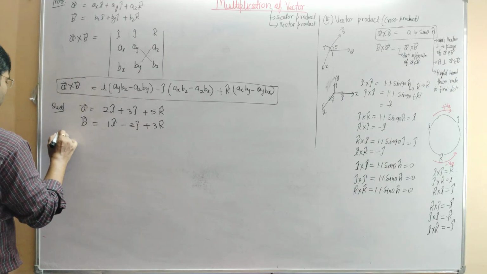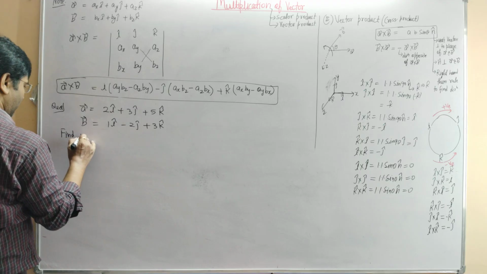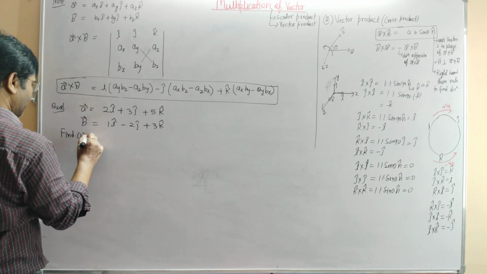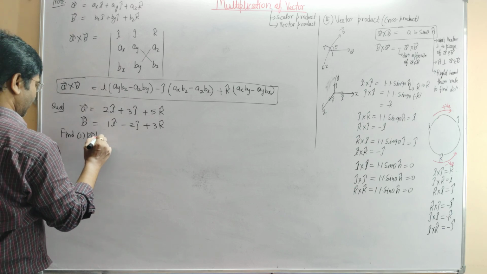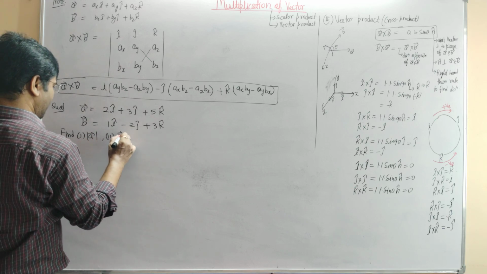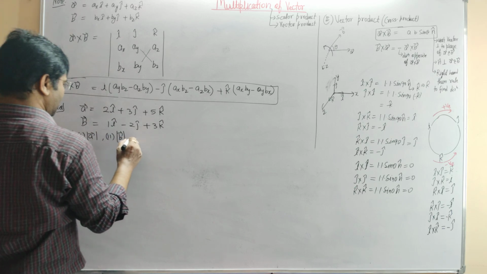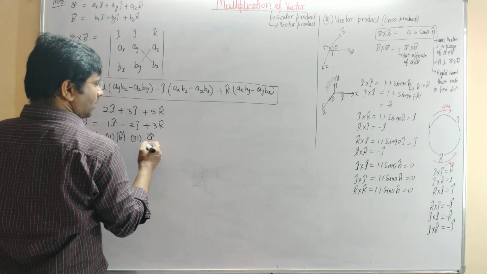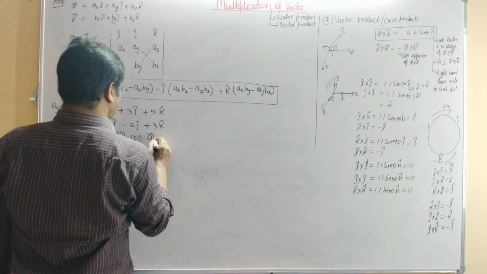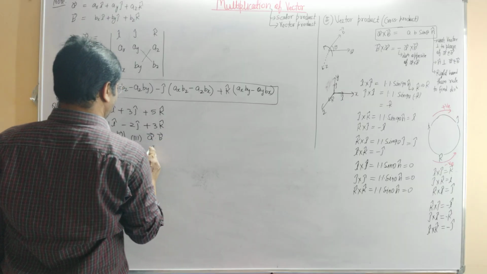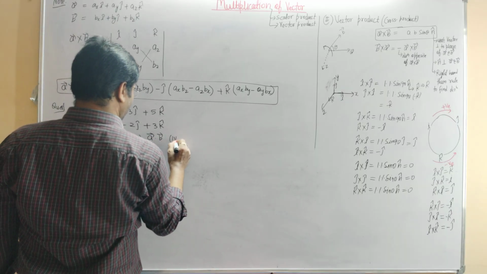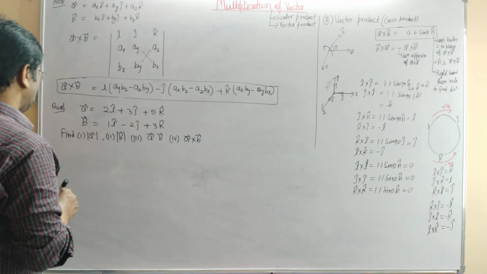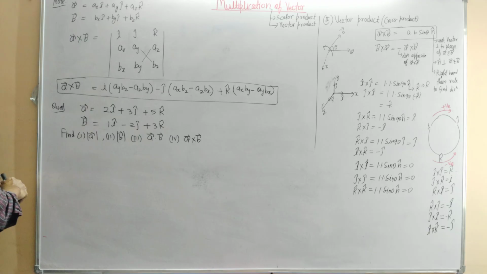So find first magnitude a, second magnitude b, third the dot product, and fourth the cross product.